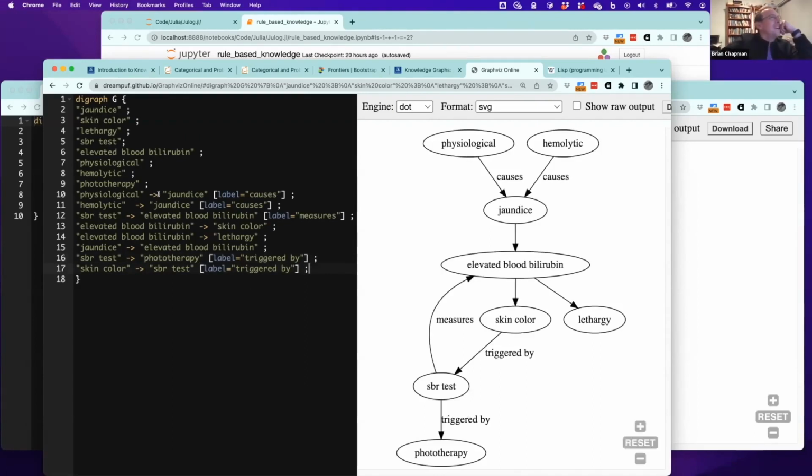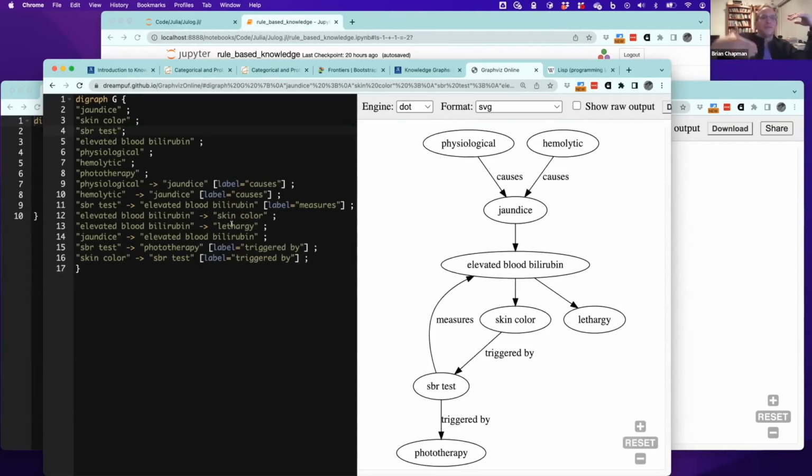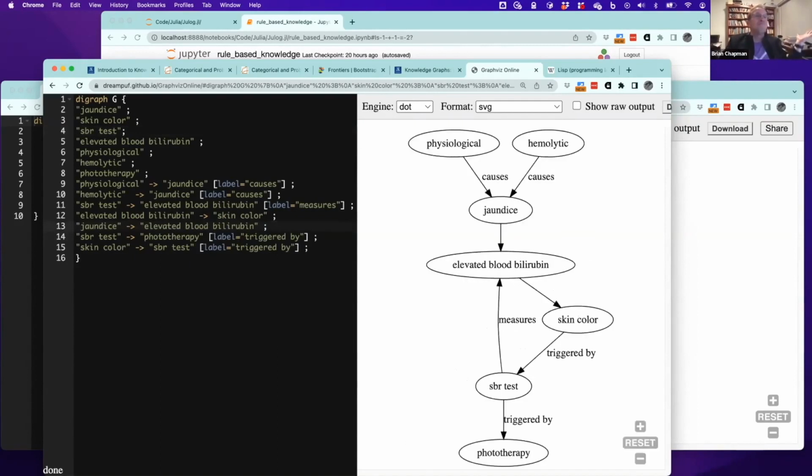Okay, so if we take lethargy out, let me just take that. And I guess what could be interesting is the neurological mechanism that's being triggered there. That could be, but we have a simple model, we're not modeling everything, right?